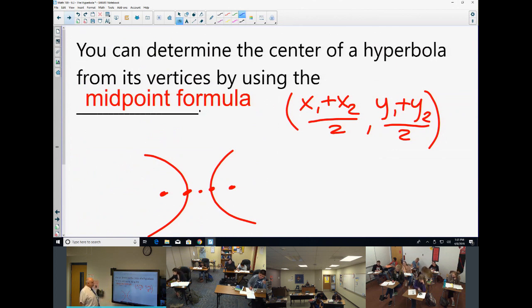So the center is exactly halfway between the vertices or the foci. It's actually the midpoint of the foci as well. So if you know one or the other of those sets, then you can find the center. Okay? So the midpoint formula, this is just from Algebra 1. You take the average of the x's and the average of the two y values.